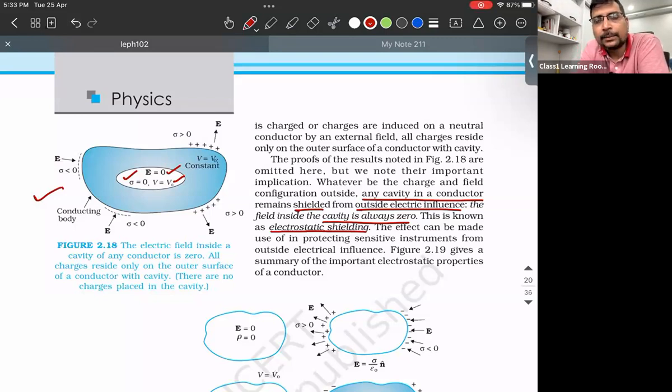Because cars are made of metal, they are conductors, and inside the conductor, wherever we are sitting, can I consider it to be an example of a cavity? Whatever charge there is, the excess charge will be only on the surface of the conductor, that is, on the surface of the car itself. There is no field that is going to enter the car, as a result of which electrostatic shielding comes into the picture in the example we consider.